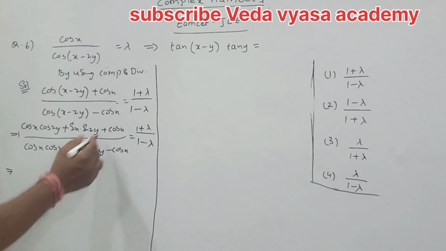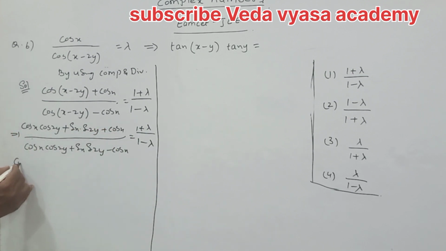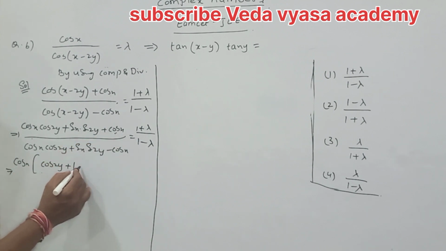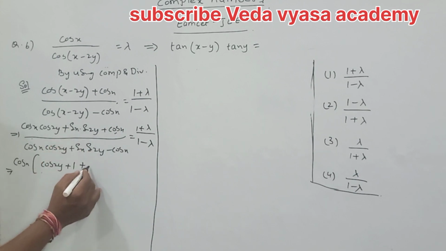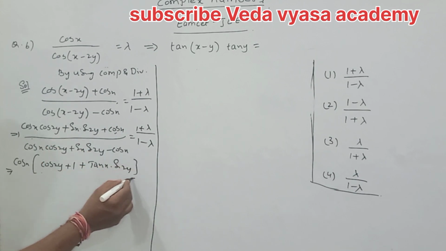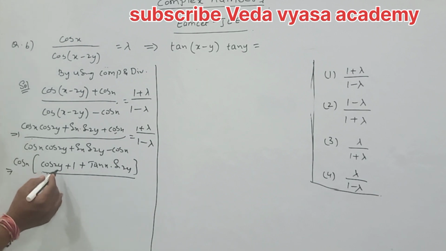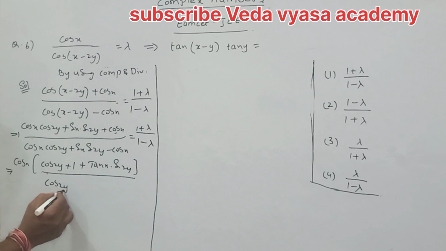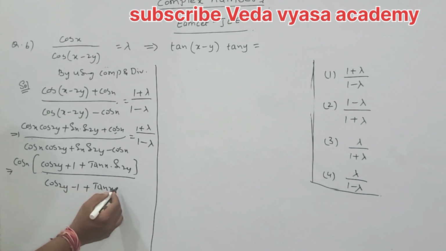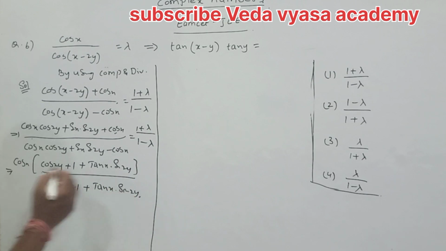Here you take cos x on numerator common, and what is cos 2y? This is cos 2y plus 1 plus tan x into sin 2y, by denominator cos x common, cos 2y minus 1 plus tan x into sin 2y.